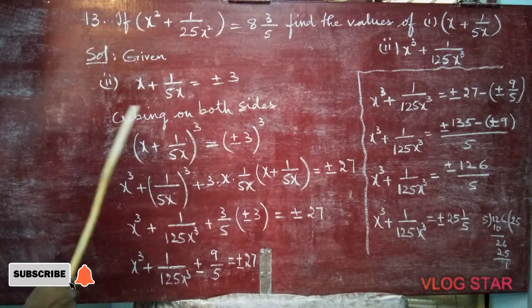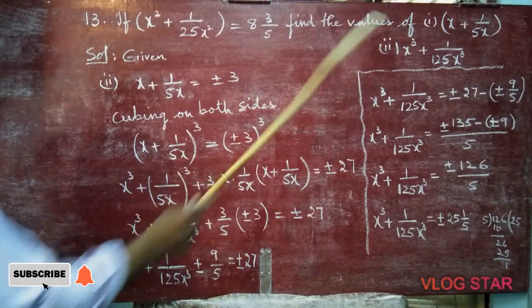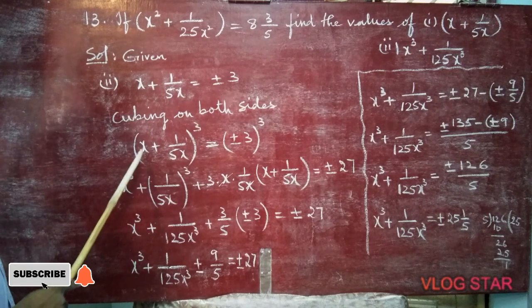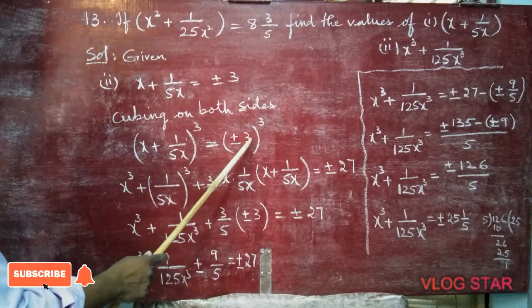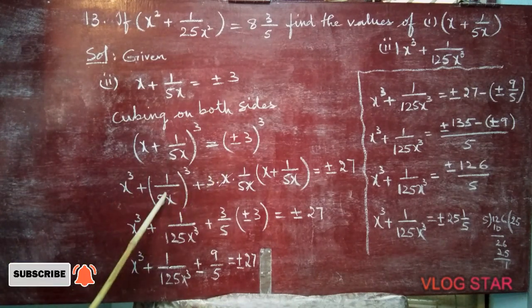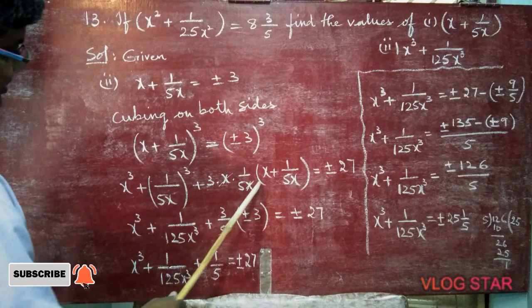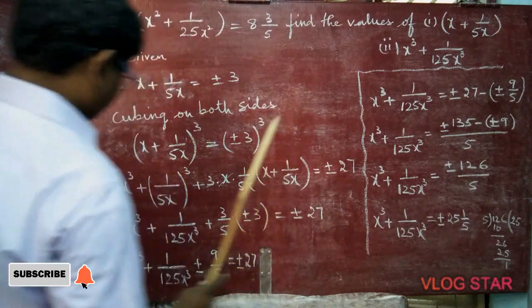Now the second bit, we are doing cubing on both sides, because the second bit is cube, that is the hint for us. So (x + 1/5x) whole cube is equal to (plus or minus 3) whole cube. It is in the formula a cube plus b cube plus 3ab into (a plus b) is equal to plus or minus 27.